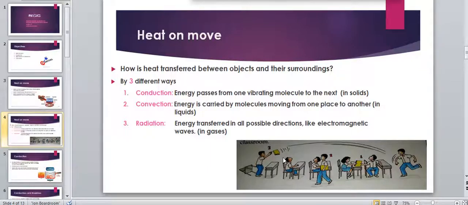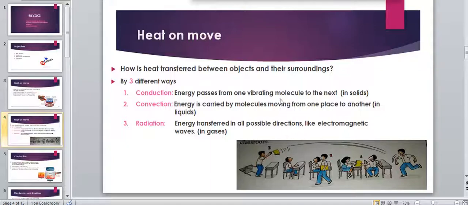Either the boy can throw the book to the back of the class, or he can pass it on from one person to another to make it reach the end of the class, or he can carry the book himself to the back of the class. So let's discuss these three instances in comparison with these three different ways of heat transfer.